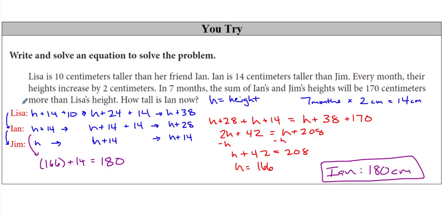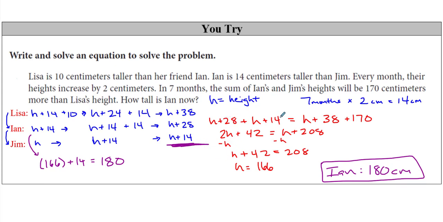All right, great work. Welcome back. So what I found out was that Lisa was modeled after Ian and Ian was modeled after Jim. Okay, one of the parts that you had to figure out was in 7 months, they each increased by 2 centimeters. So 2 centimeters each month would be an increase of 14 centimeters. So after I modeled, I added 14 centimeters to each person to get these three expressions right here.